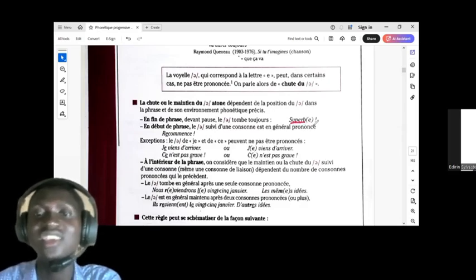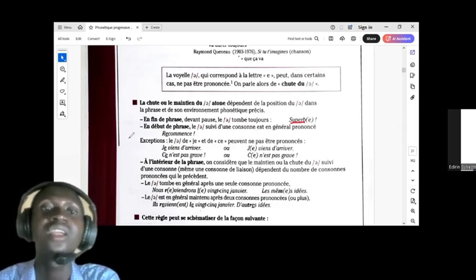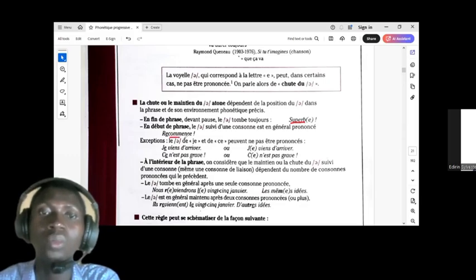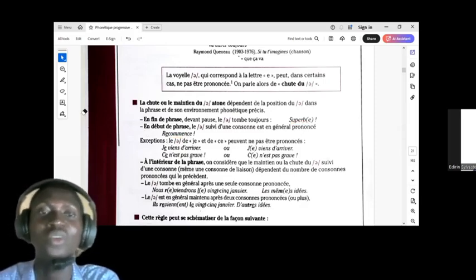Because this E is at the end, it's not pronounced. When it is at the beginning of a word, you pronounce it. For example, recommence, the E there is pronounced, but for superbe, it's at the end of the word and is not pronounced.